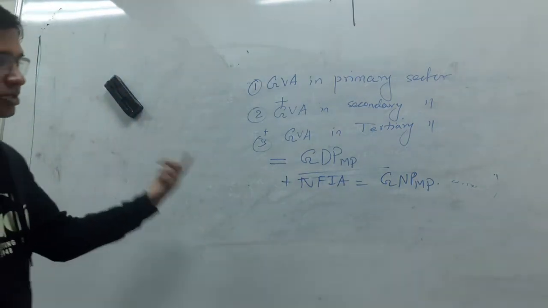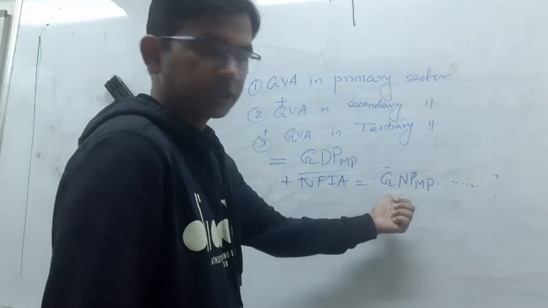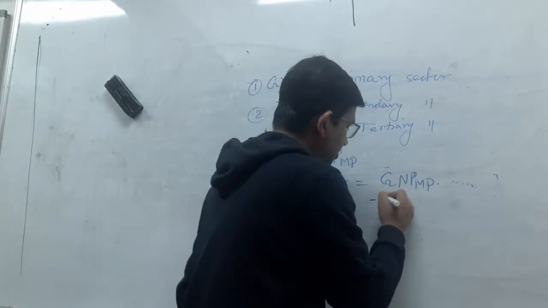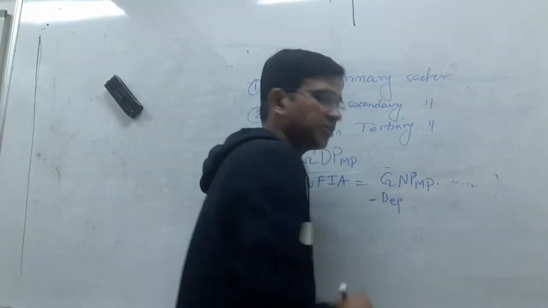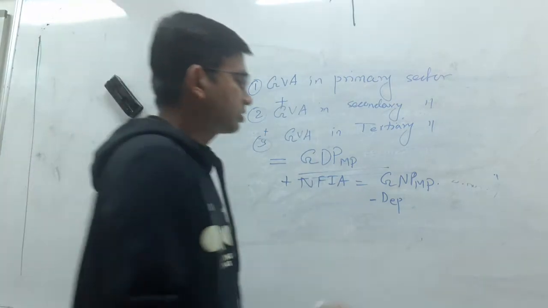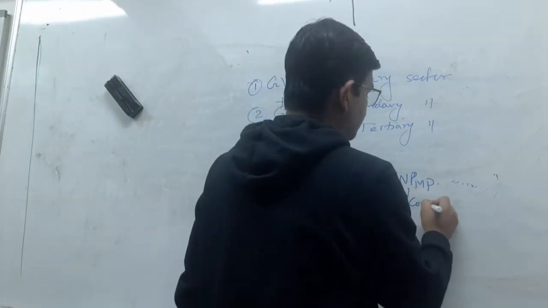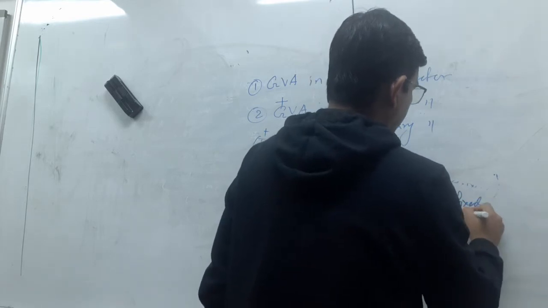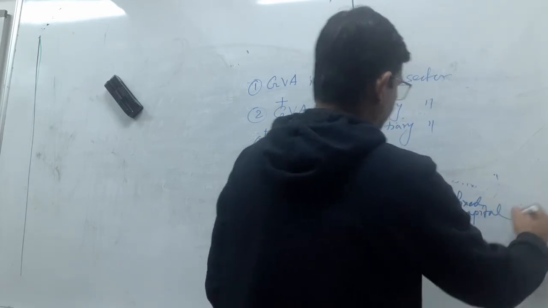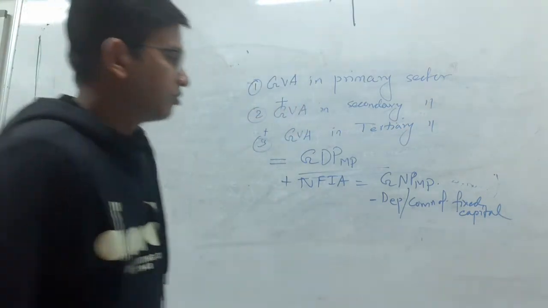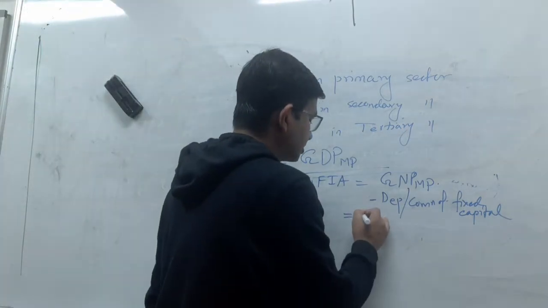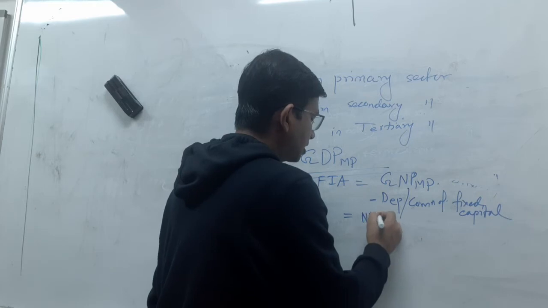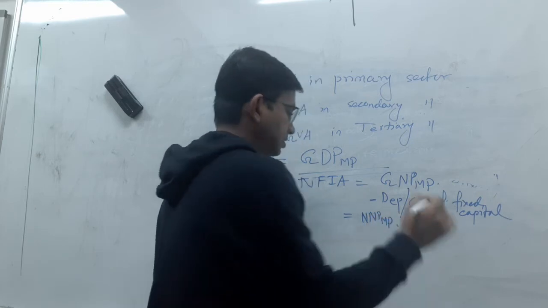In the next stage, from gross national product at market prices we subtract the value of depreciation, or what we call the consumption of fixed capital. If we do it, we obtain what we call the net national product at market price.